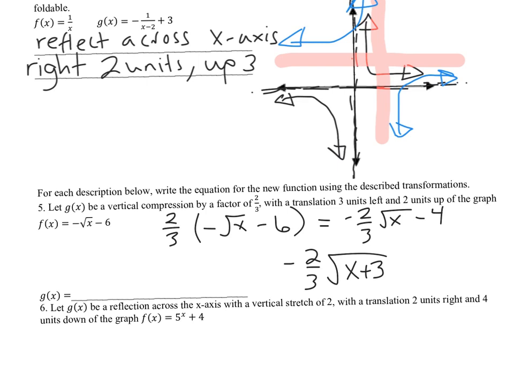And then to go 2 units up, I'm going to add 2 to the negative 4. So that's going to give me a minus 2 there. So that will be my new g of x function: negative 2/3 square root of x plus 3 minus 2. Okay, so that's the first one.